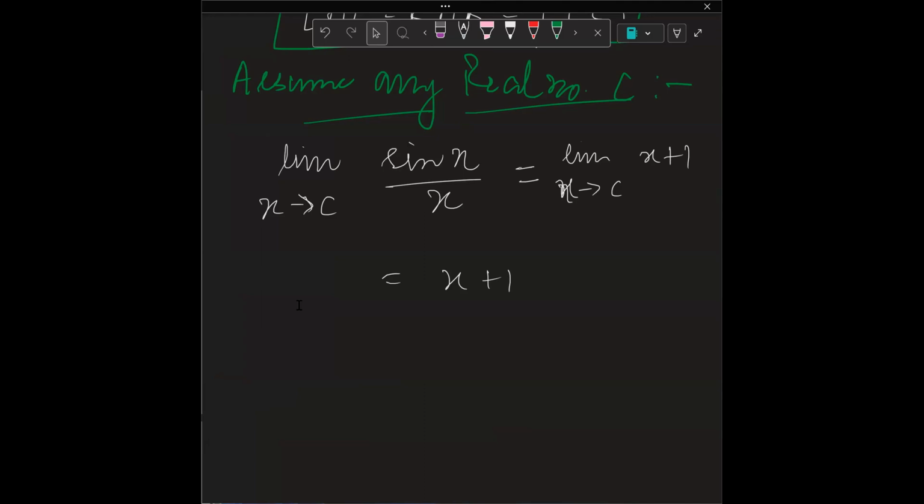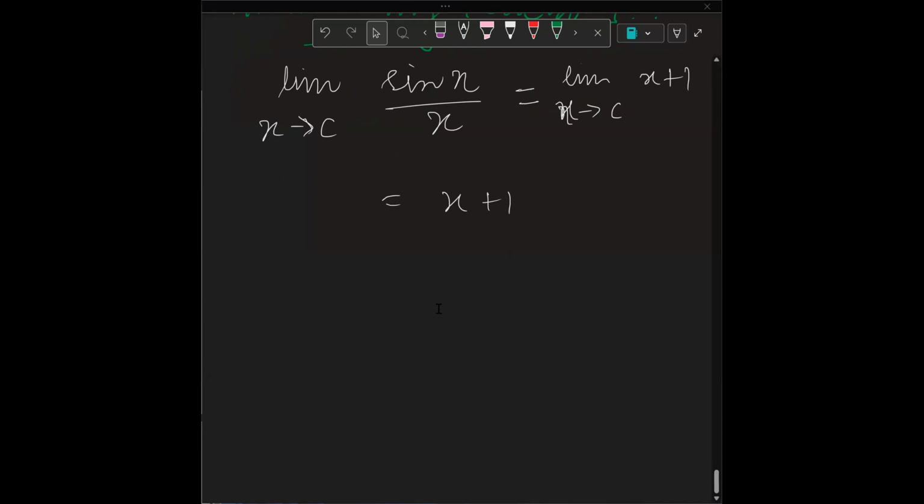Tell me how you guys proceeded. Am I audible? Yes, sir. Tell me how you proceeded after this. Sir, I actually took x tends to 0 and then proceeded so that we can use the identity. But that is incomplete, no? When we do for LHS and RHS, we can substitute 0, so we get 1 equal to 1 equal to 1.